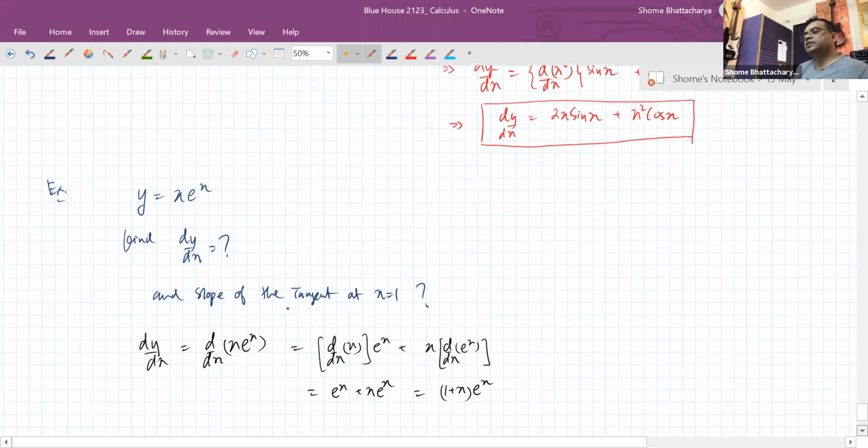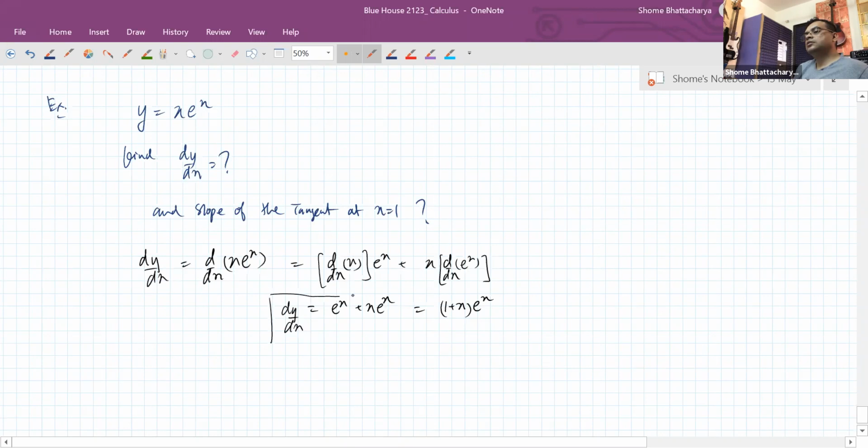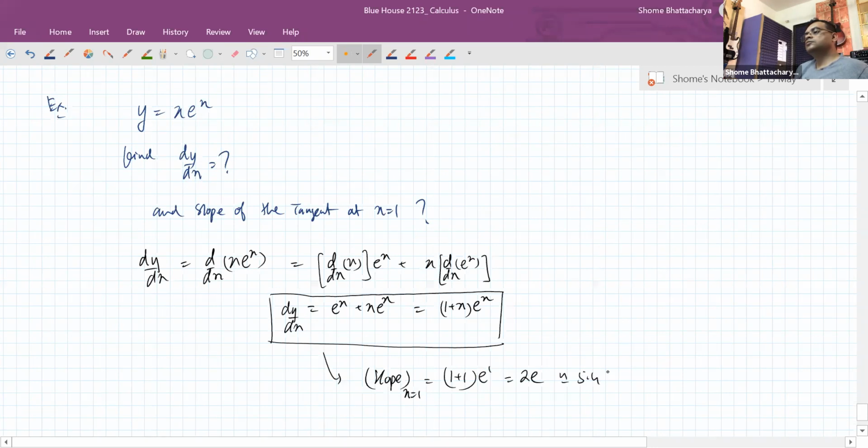So the slope of the tangent will be the value of the derivative at, in this case, x equal to 1. Okay, so 2e is enough for the answer.